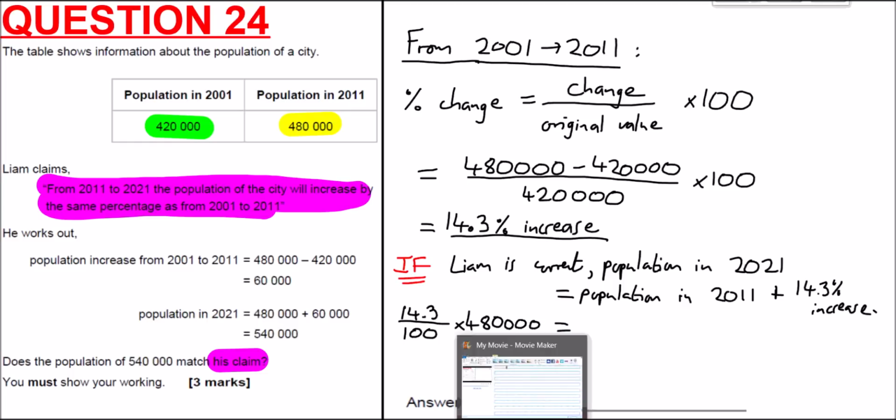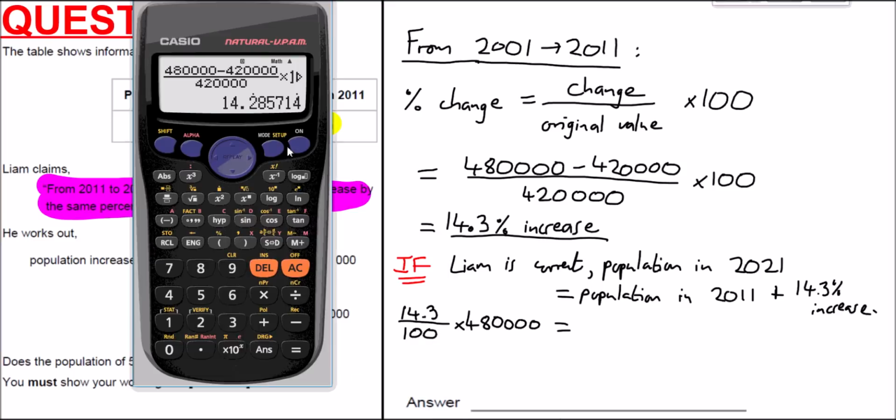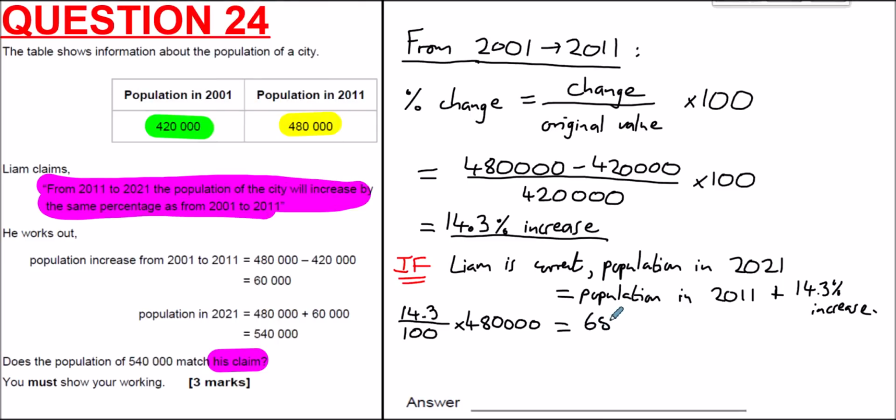So if we work this out here, 14.3% of 480,000 comes to roughly 68,640 people.